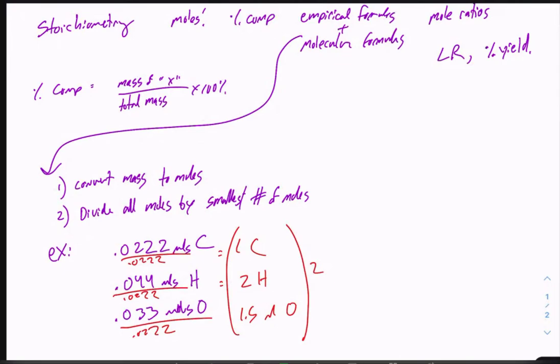In this case, multiplying everything by 2 will give you C2H4O3 as the empirical formula. I'm not saying that you always have to multiply. I'm just saying be prepared to multiply if you do see some kind of pattern like this.